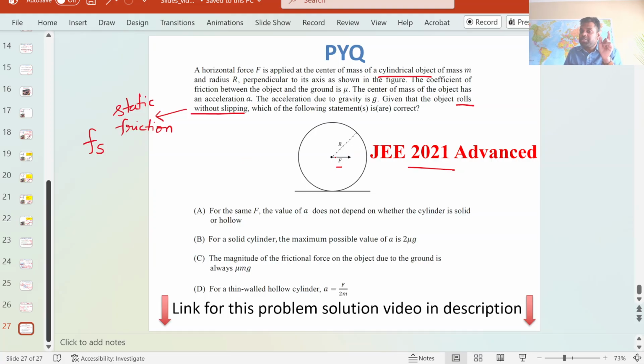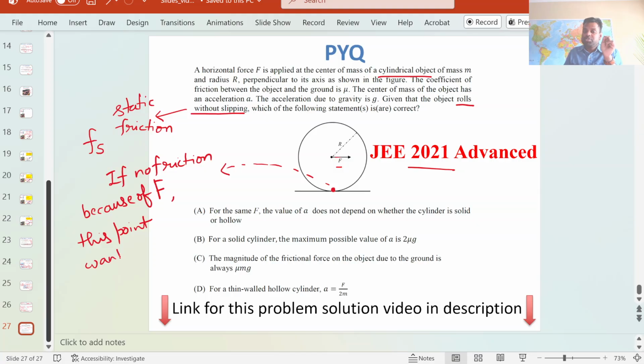If there is no friction, because of F, this point on the body wants to move or slip to the right.